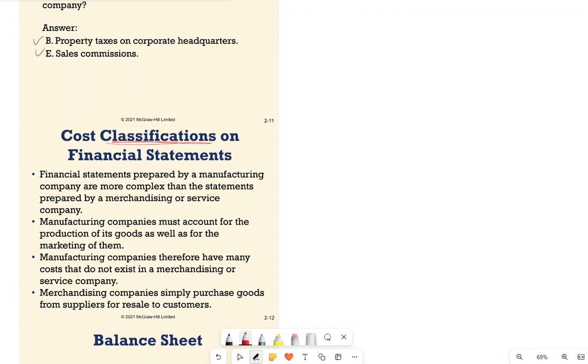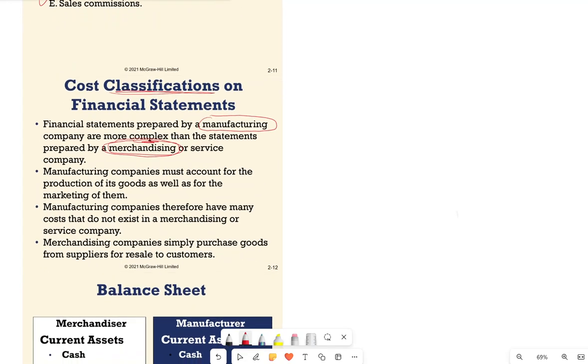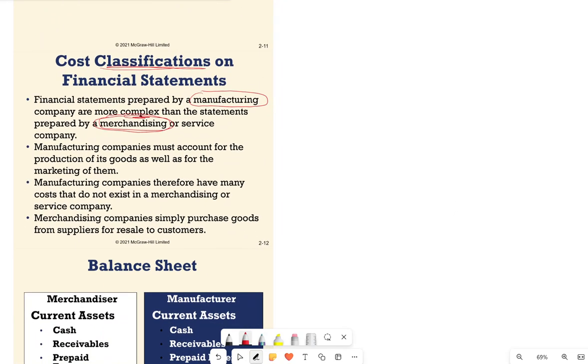When we have a classification, we could have it on the balance sheet or on the income statement. Financial statements prepared by a manufacturing company are more complex than the statements for a merchandise company. Of course, with merchandise, you're buying stuff and then selling it. But with manufacturing, you have more costs, so that's why it's complex. A manufacturing company must account for production of its goods as well as the marketing.